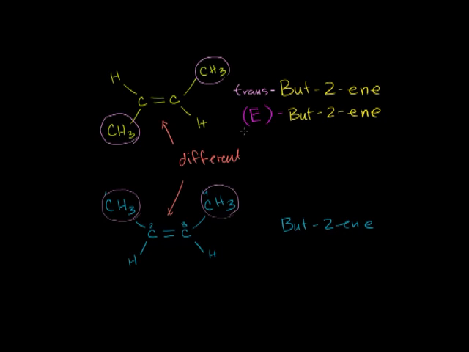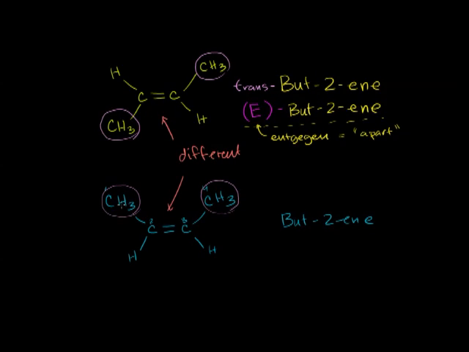But this is now kind of the standard convention. We'll see this notation using Entgegen, or E, is actually more powerful. It can extend to when we have more than one functional group on each carbon. So let me just make it clear that the E stands for Entgegen, which is German for apart. Or at least I believe it is. I can't speak German, so I'll just have to take people's words for it.